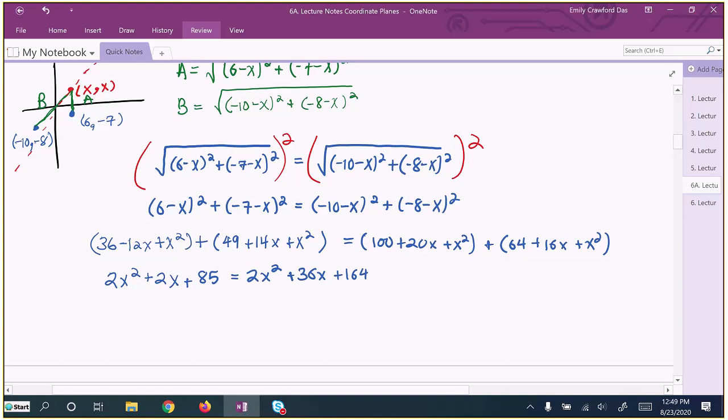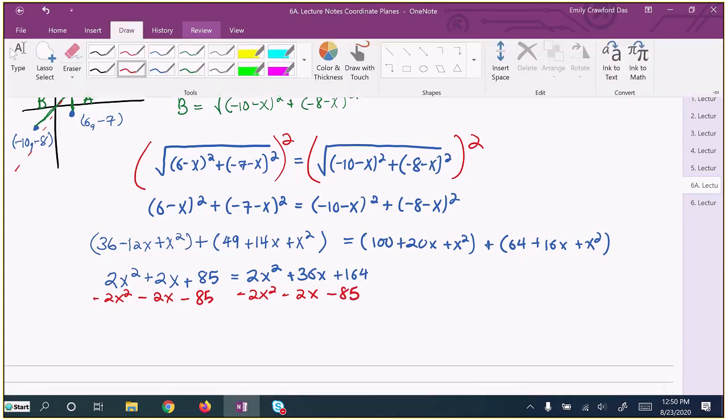Now, I want to solve this equation for x, so I want to move everything to one side and set this equal to 0. So let's subtract 2x squared from both sides. I'm going to subtract 2x from both sides, and I'll subtract 85 from both sides.